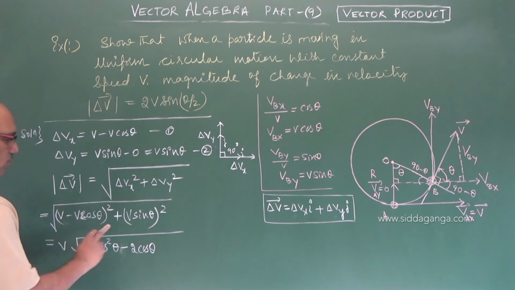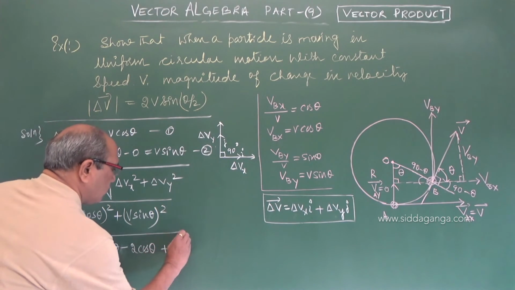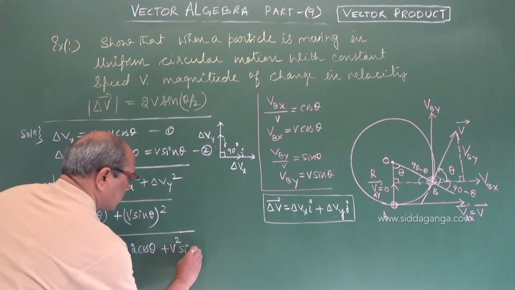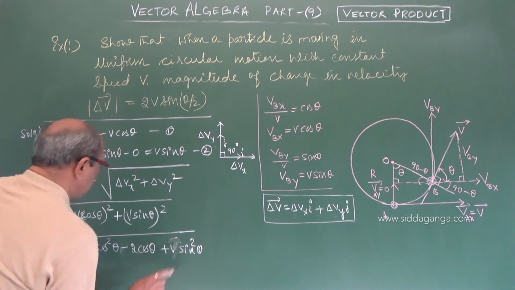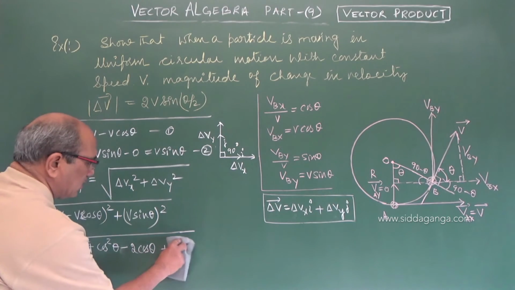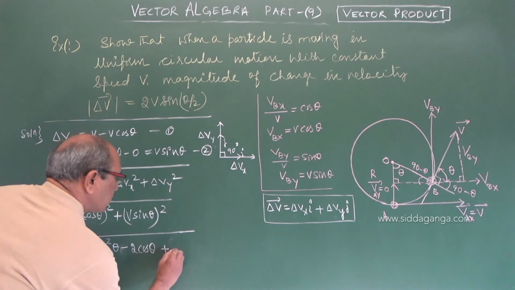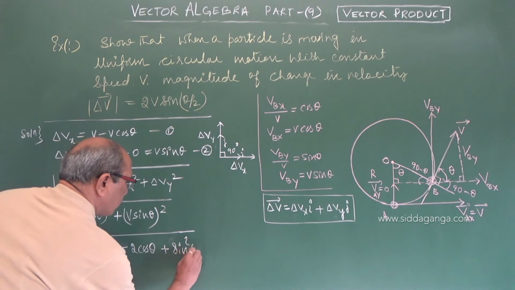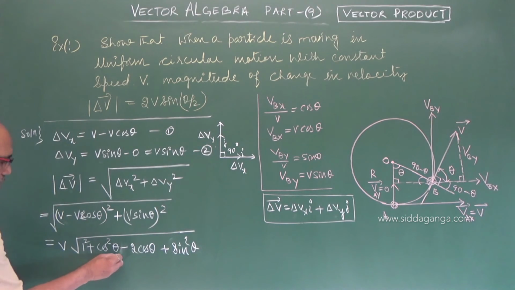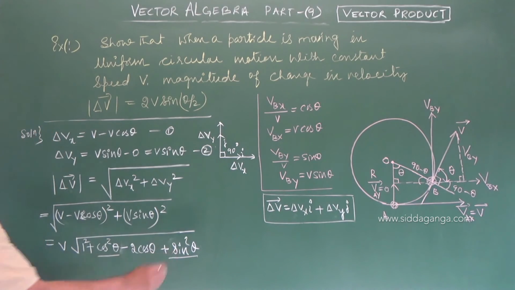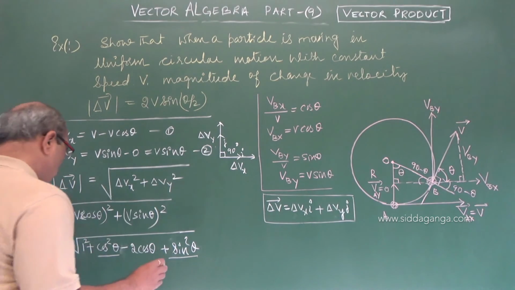Therefore V is taken out, plus sin square theta. And you know very well that sin square theta plus cos square theta is 1.